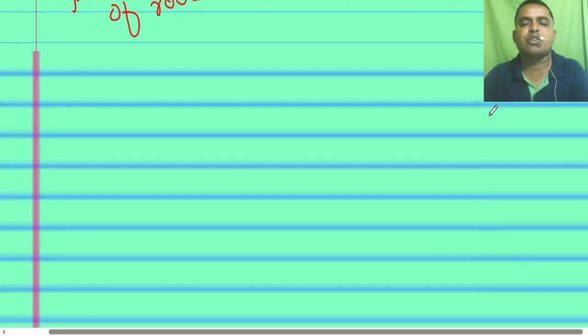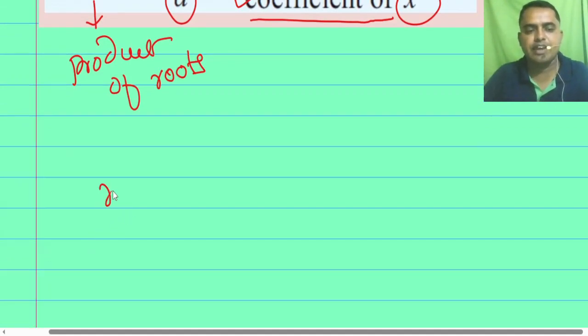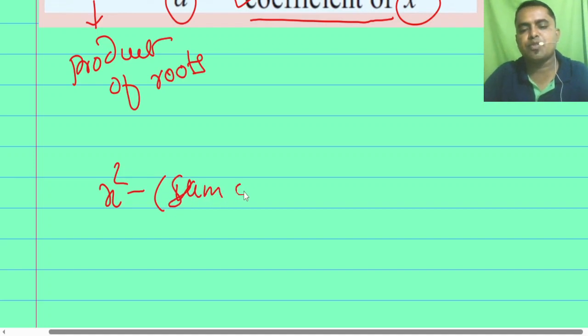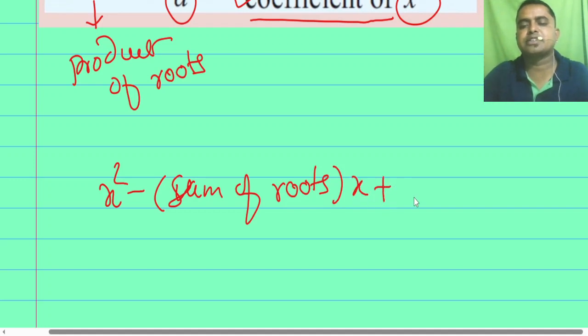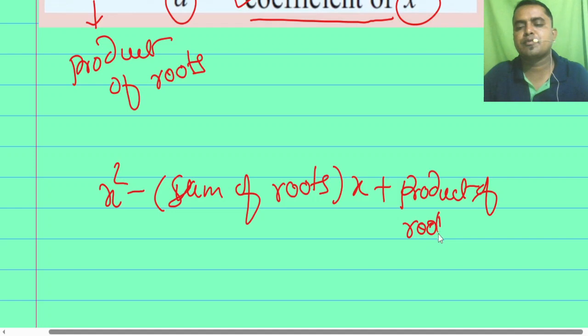So the formation of the quadratic equation is x square minus sum of the roots into x plus product of roots is equal to 0.